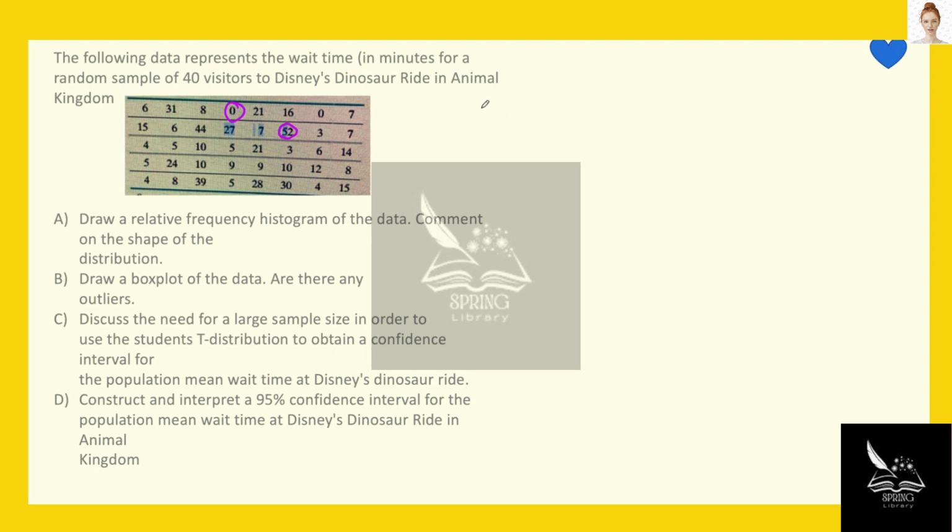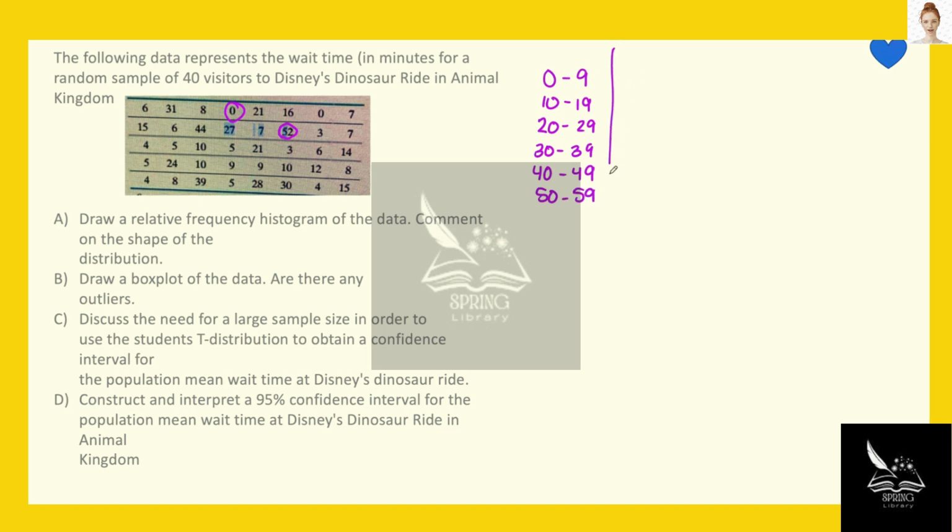and 0 is the lowest number. So I'm going to do 0 to 9, 10 to 19, 20 to 29, 30 to 39, 40 to 49, and 50 to 59.